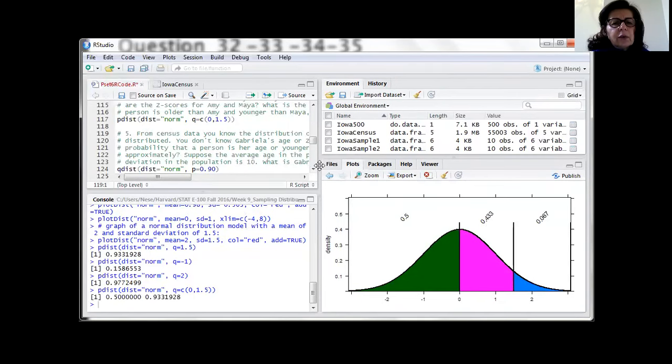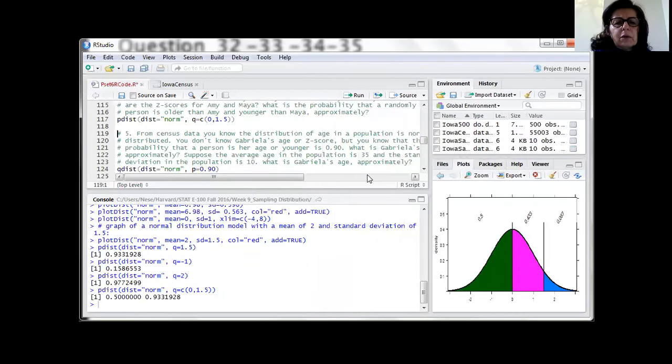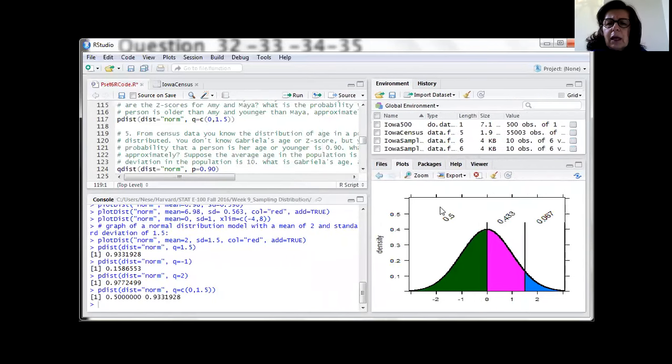I forgot if the question is asking proportion or probability. Okay, since the question is asking the probability, the answer should be 0.43.